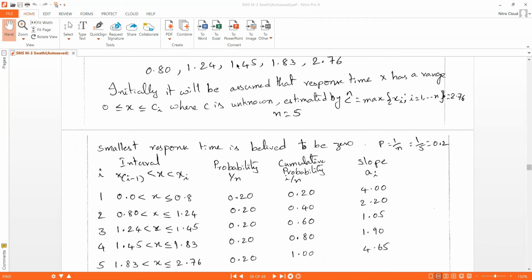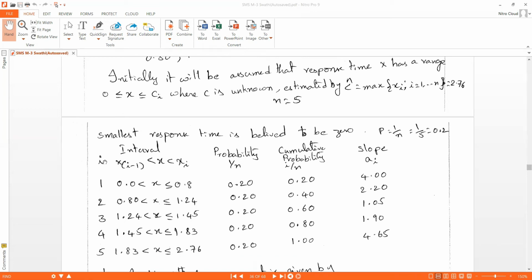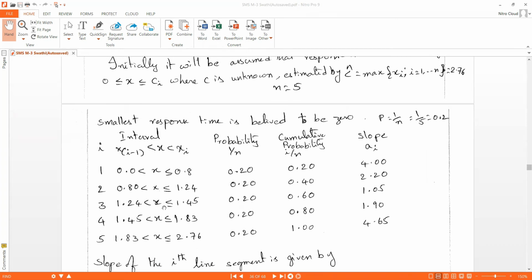Next, 1.24 < x < 1.45. Next, 1.45 < x < 1.83. Next, 1.83 < x < 2.76. So the x value is in the range 0 < x ≤ 2.76. That is the interval range.